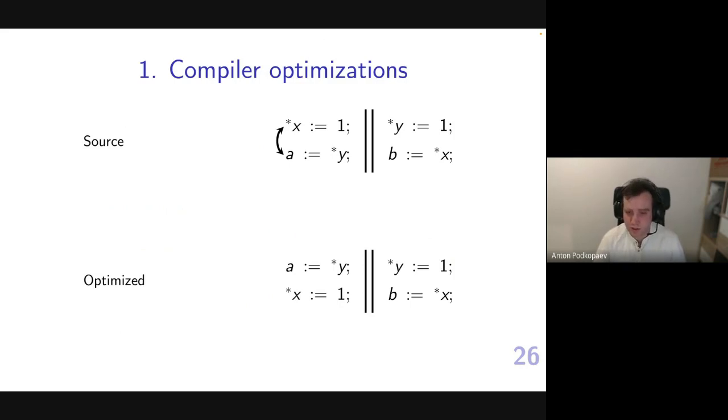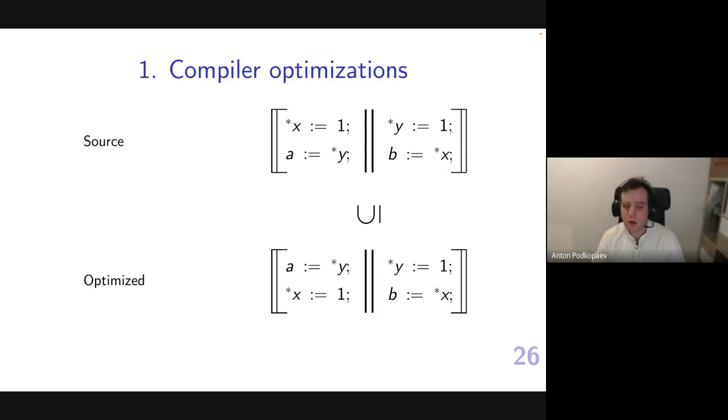And as we already discussed, this program may end up with the outcome A equal to 0, B equal to 0. Let's just repeat how to get it. For that, you execute this read and get A equal to 0. Then you execute the right thread and assign 0 to B. And then you finish execution writing 1 to X. And this outcome is disallowed for the original program.